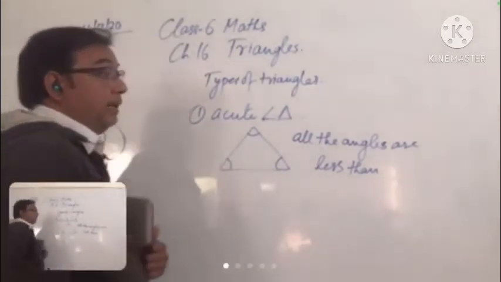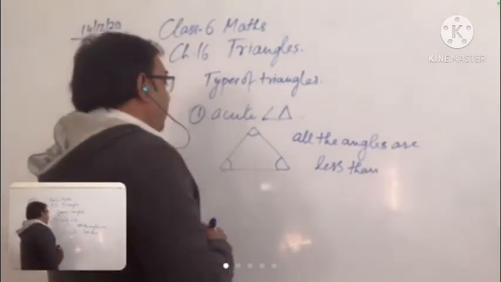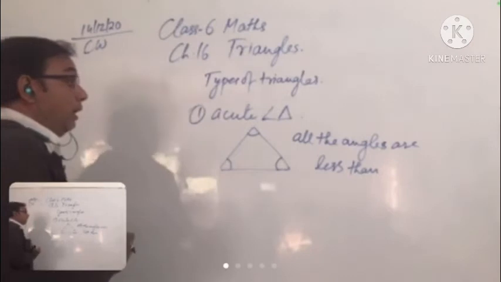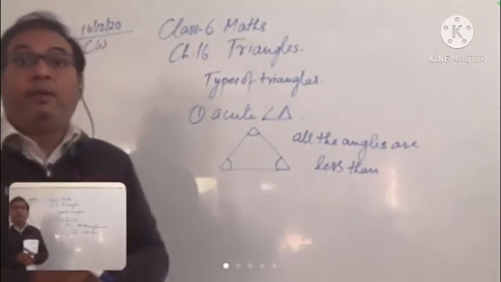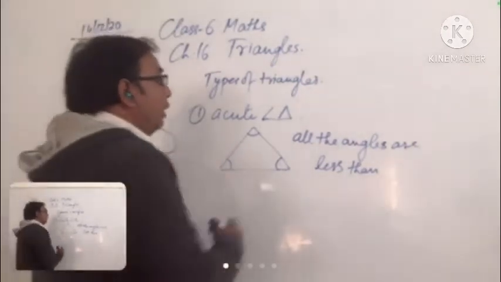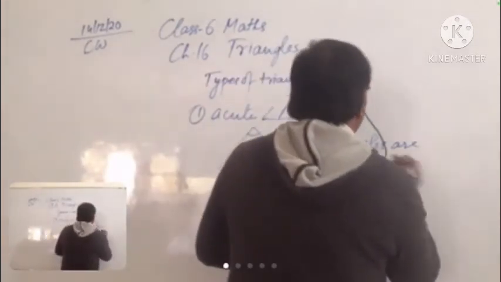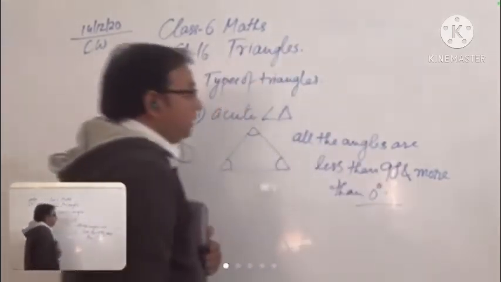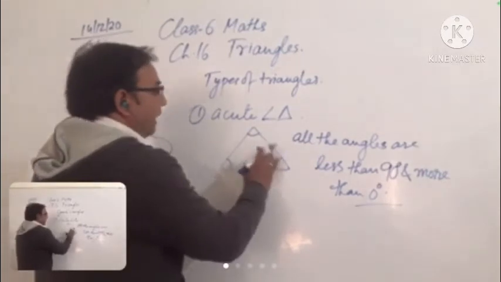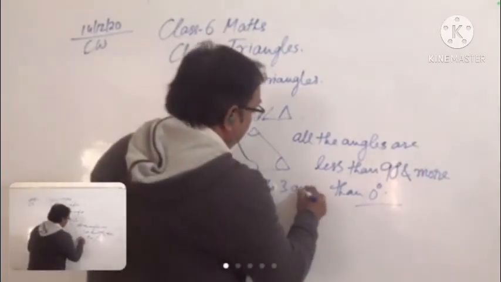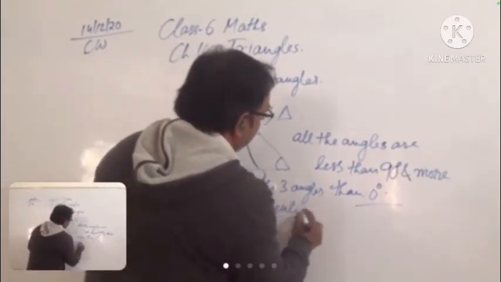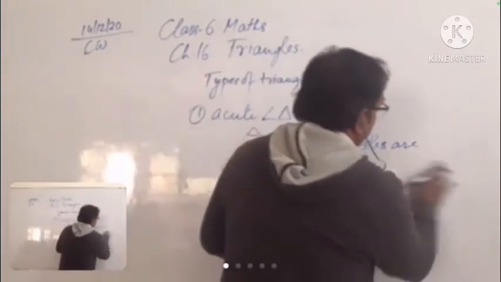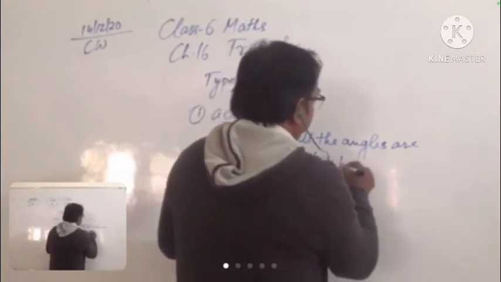An acute angle lies between 0 and 90, means an acute angle is greater than 0 degree and less than 90 degrees. In an acute angle triangle, all three angles are acute, means each angle must be between 0 and 90. This is called an acute angle triangle.